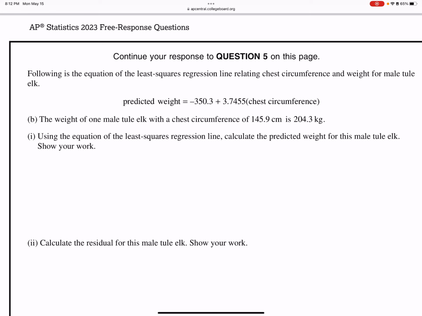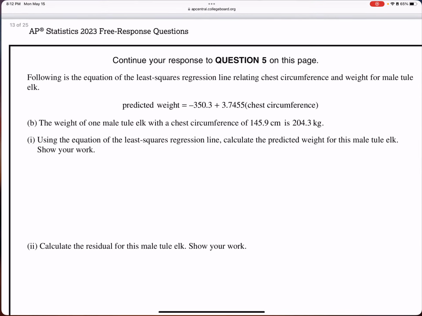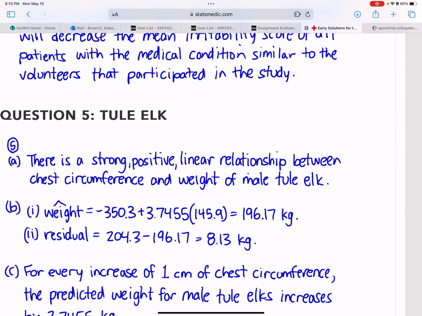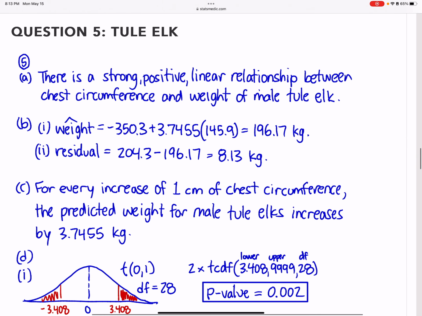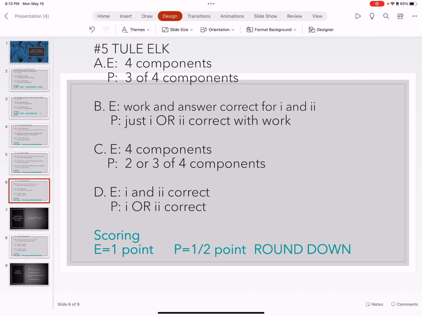Using the least squares regression line, it wanted the predicted weight, and then for part 2, it wanted the residual for the male. So the first thing you needed to do is plug in 145.9 to get 196.17 kilograms. The residual, actual minus predicted, gets you the 8.13 kilograms. So if you had both of those work and answer correct for both part 1 and 2, you got your E. And a P would be just 1 or 2 if it was correct with work.